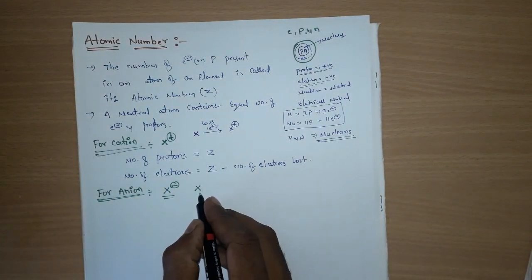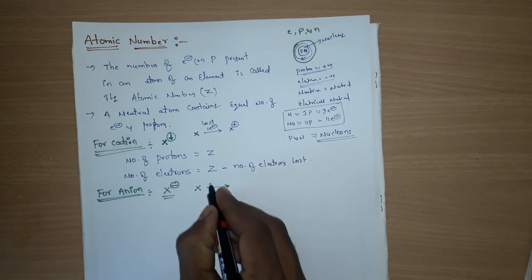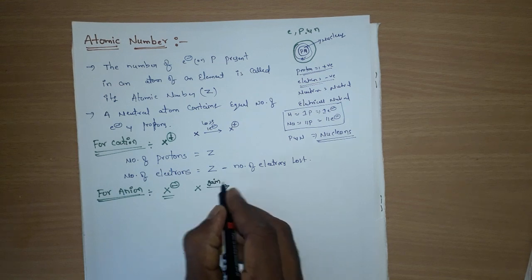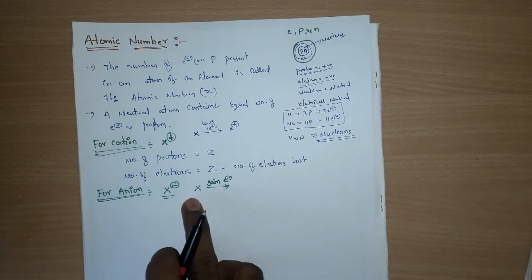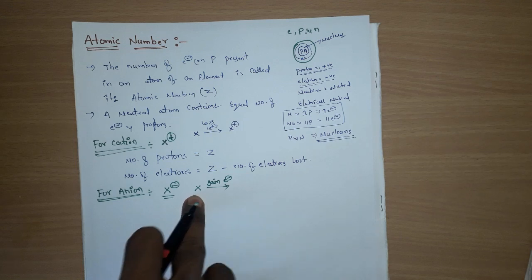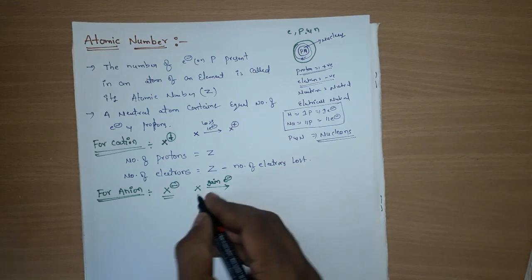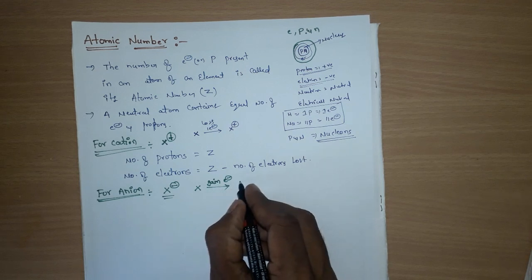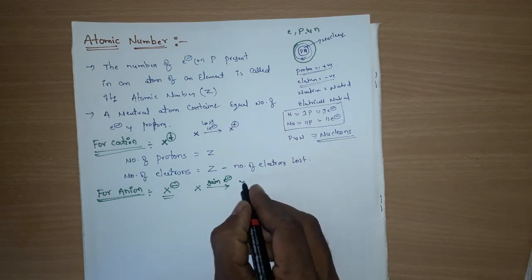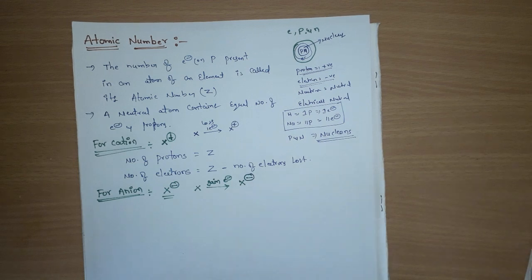When a neutral atom gains electrons. For example, this is a neutral atom, and it gains one electron from another atom, so the atom gets a negative charge.